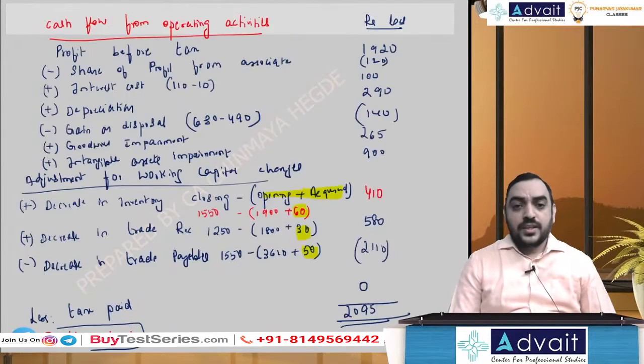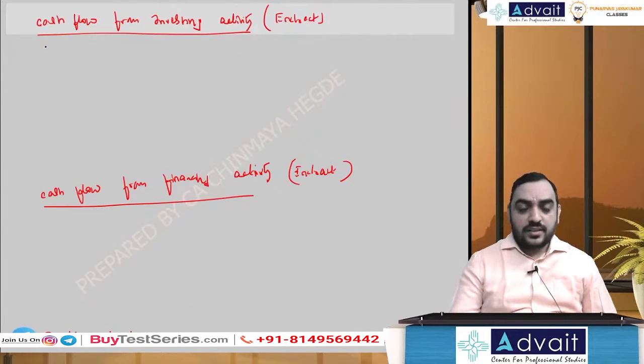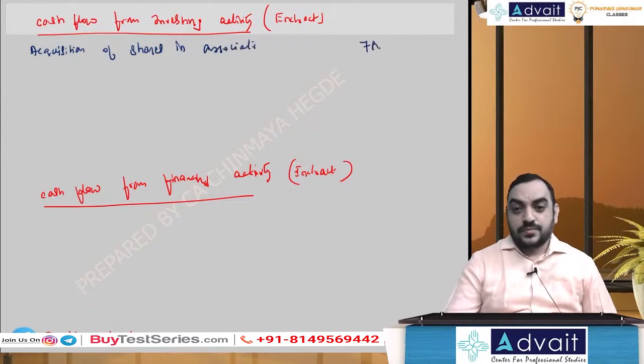Okay, hope you have written. So you will write investing activity, acquisition of shares in associate 780.